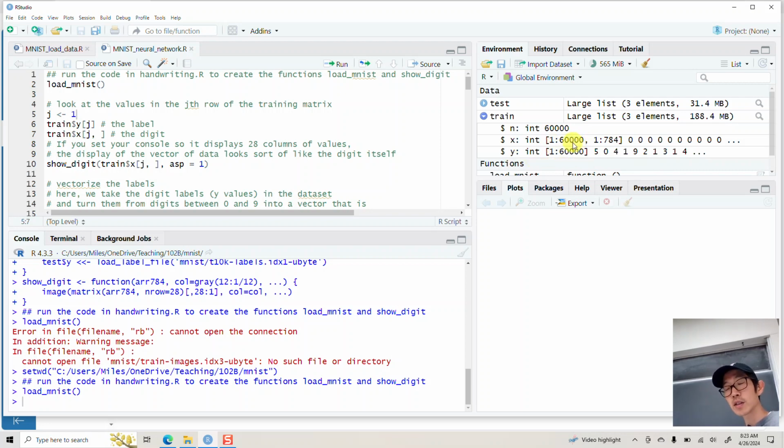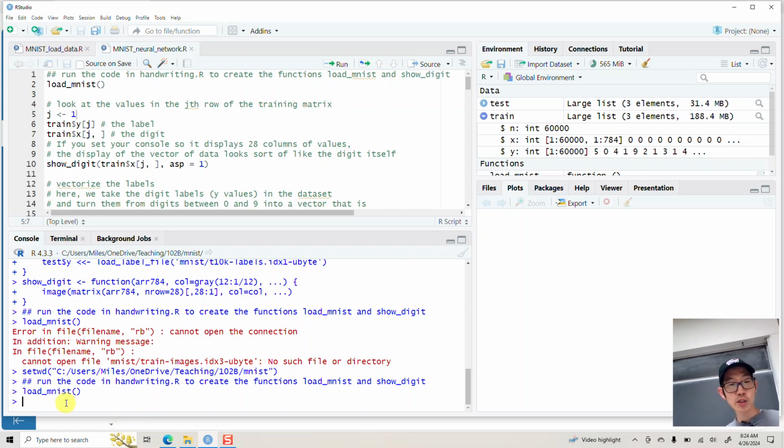There are 60,000 images in the training data, and each row is one image. Each row has 784 values because we took that 28 by 28 grid and unstacked it into one long vector of 784 values. So there are 60,000 rows, one corresponding to each image.